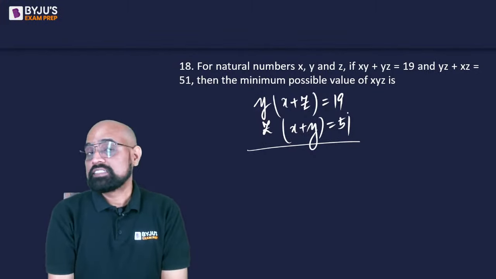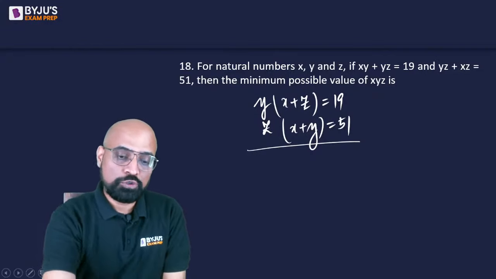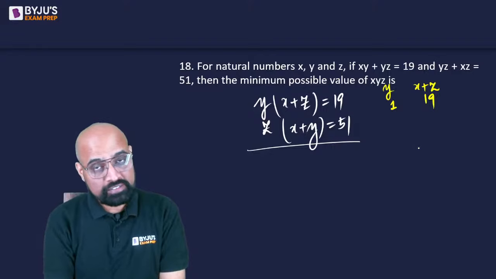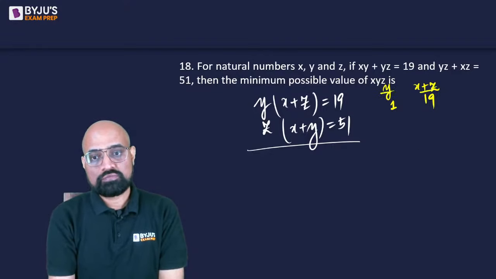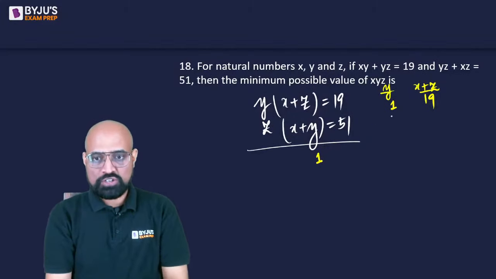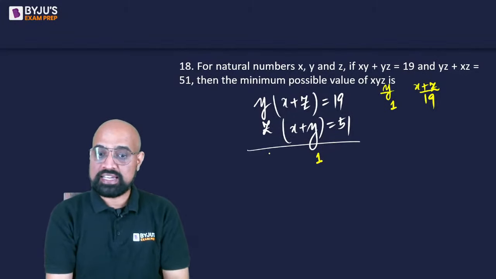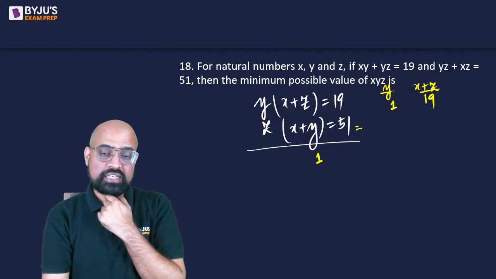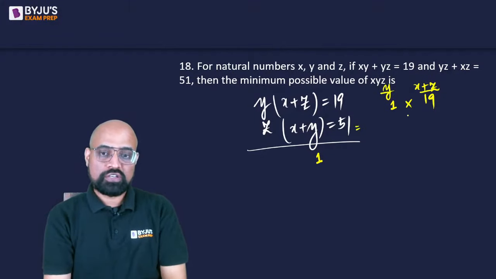So 19, since this is a prime number, there are 2 possibilities. So either y is going to be 1 and x plus z is going to be 19, or vice versa. Let's start with this. If y is equal to 1 and x plus z is equal to 19, and 51 can be written as a product of what? 17 into 3.